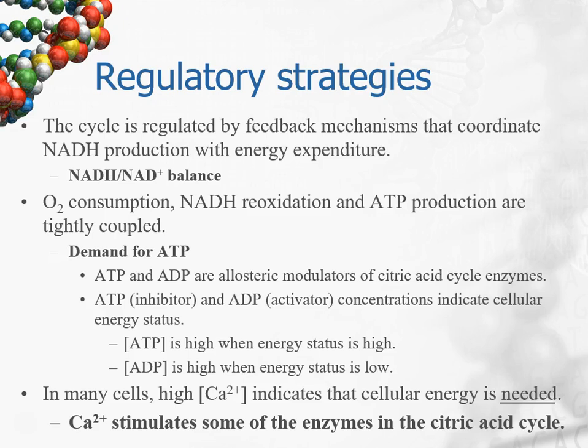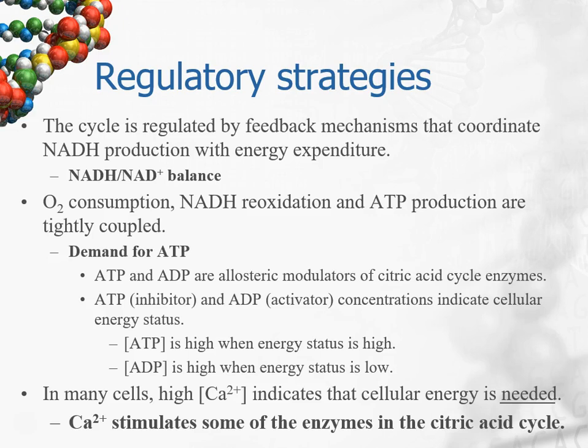So it makes sense that ATP concentration is high when the energy status of the cell is high, so ATP will act as an allosteric inhibitor of some of these enzymes. Whereas ADP concentration is high when the energy status of the cell is low.